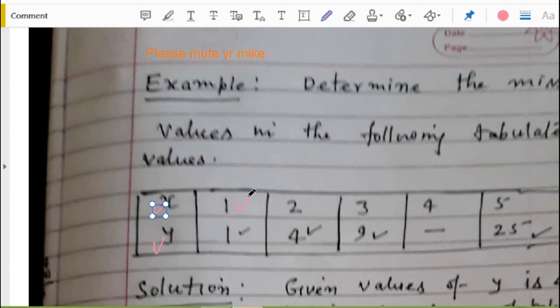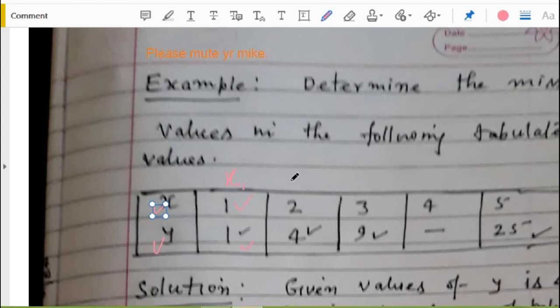This is x1, then y1; if you want to say x0, I have no problem, but since it is from 1 in serial, this is x1.